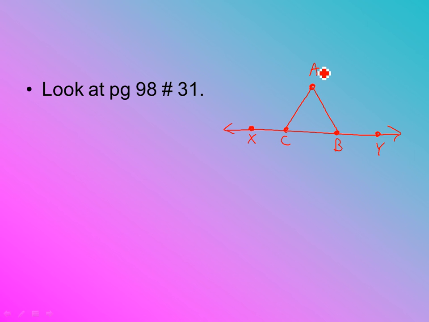Measure of angle ACB, that's this angle, is equal to the measure of angle ABC, which is this angle. So we know that these two angles are congruent to each other. And we're trying to write a 2-column proof to show that this angle is congruent to that angle.